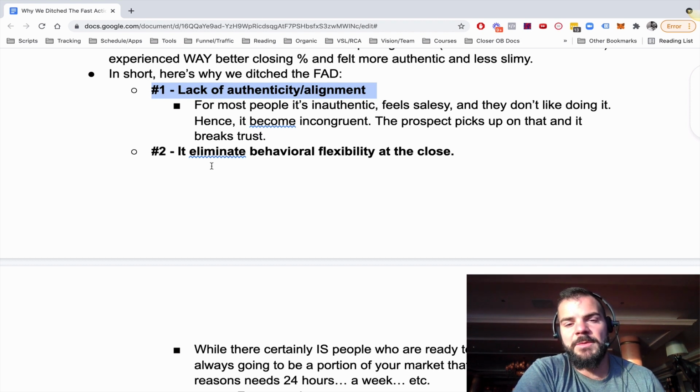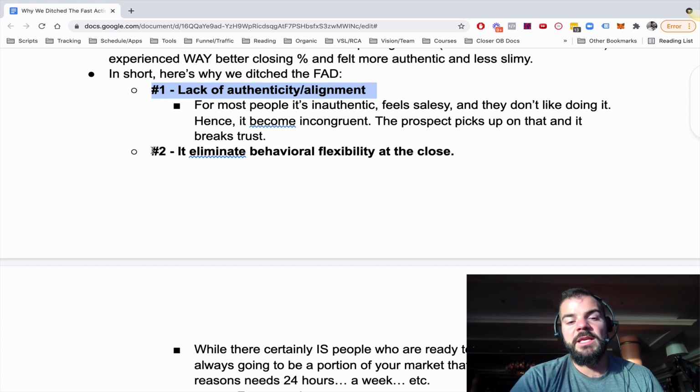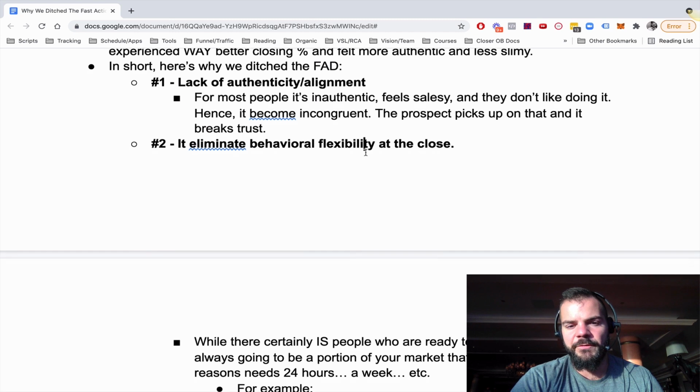Because if you're not congruent, it breaks the trust, like I was just saying, and you're so much more likely to lose the sale just because you're using something that's not aligned with your beliefs. Now, even if you are totally aligned with the fast action discount, there are so many more reasons. As you get better in sales, you're going to want to remove that. It's kind of like training wheels. You're going to want to remove that so you can go faster.